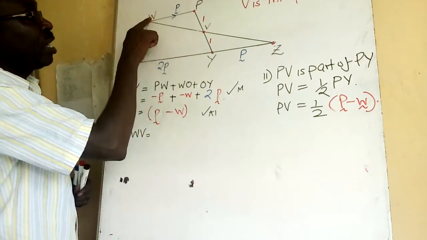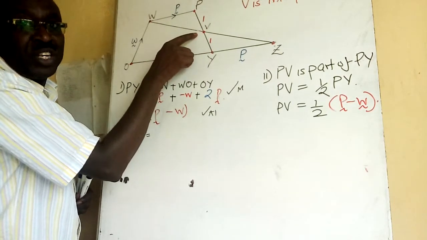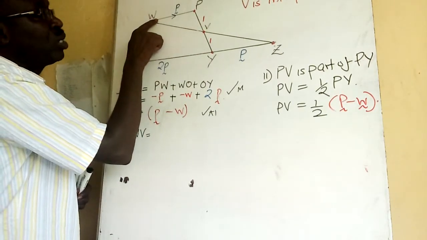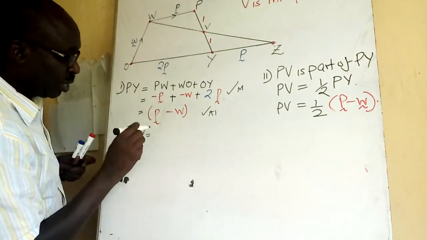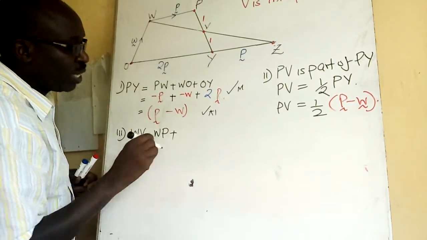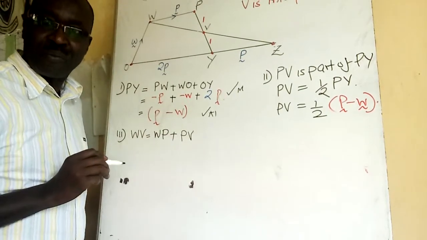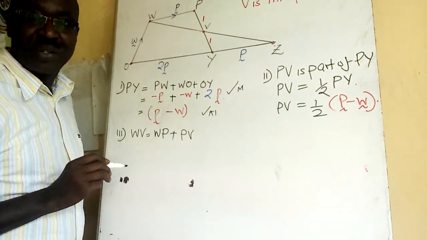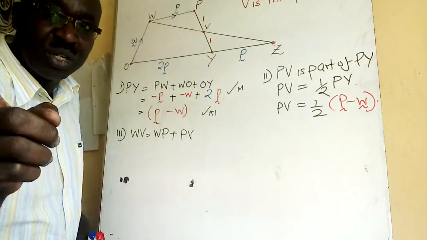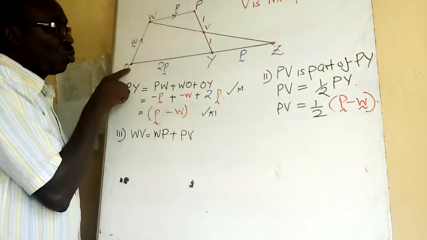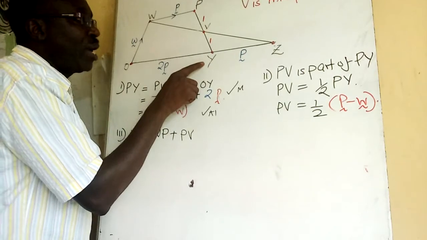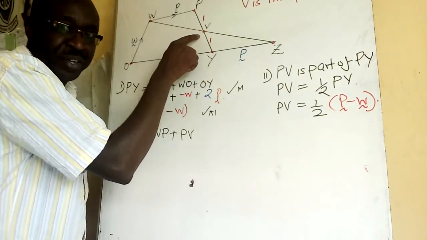So PV, WV, I can go through WP. So WP, and then what do I do? Connect from P to V. I connect from P to V. Another student will say WO plus OY plus YV.